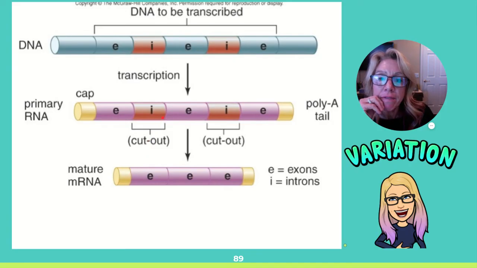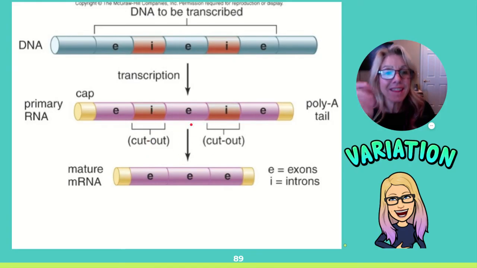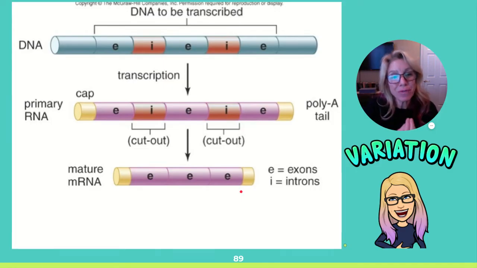But if you remove these two introns and this middle exon, then that would give you a totally different RNA and a totally different protein. So depending on what you cut, what you leave in, and what you cut out, that leads to variation. So function of introns, it allows for alternative mRNA splicing, which increases variability.